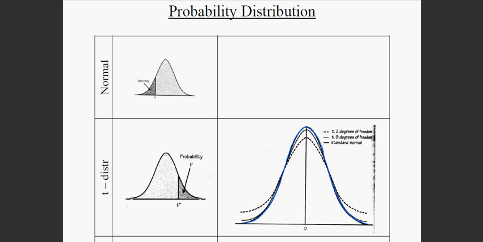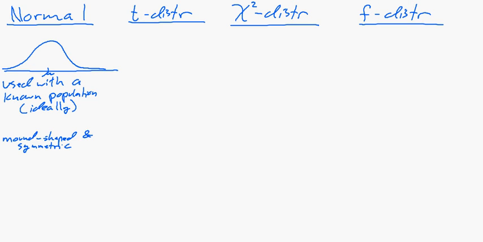So now, going back to our summary page, we know that the t-distribution looks a lot like the normal distribution, although typically it's wider, right? Centered around the mean. And we know that it has the degrees of freedom, which refers to sample size.